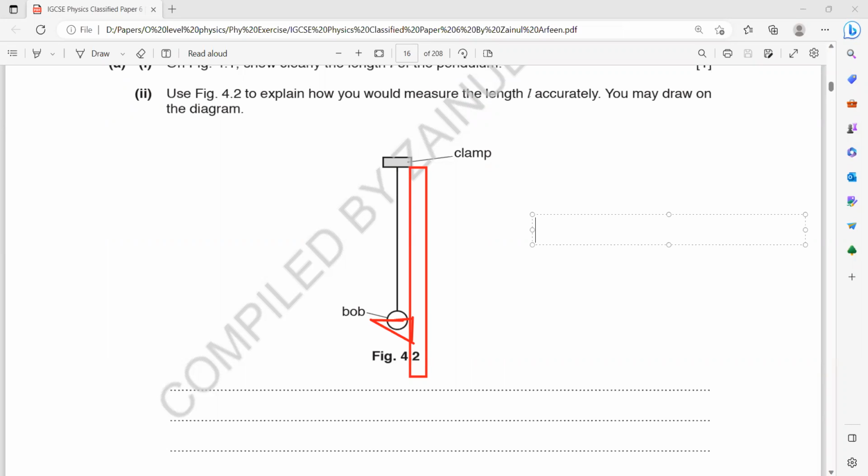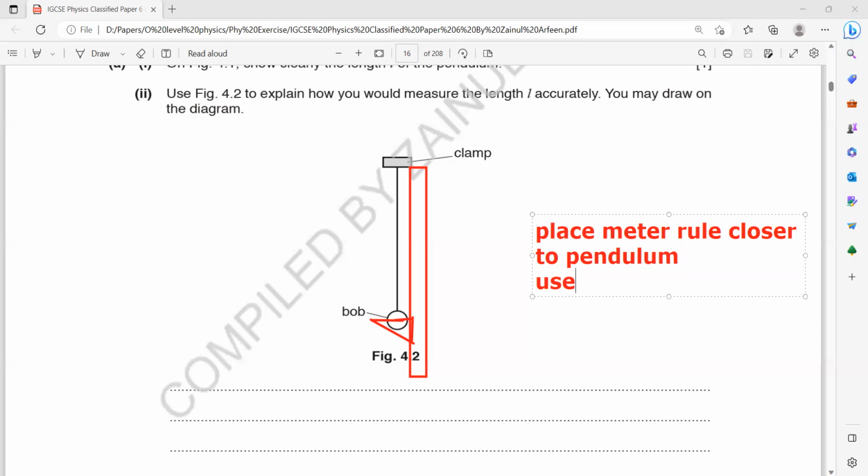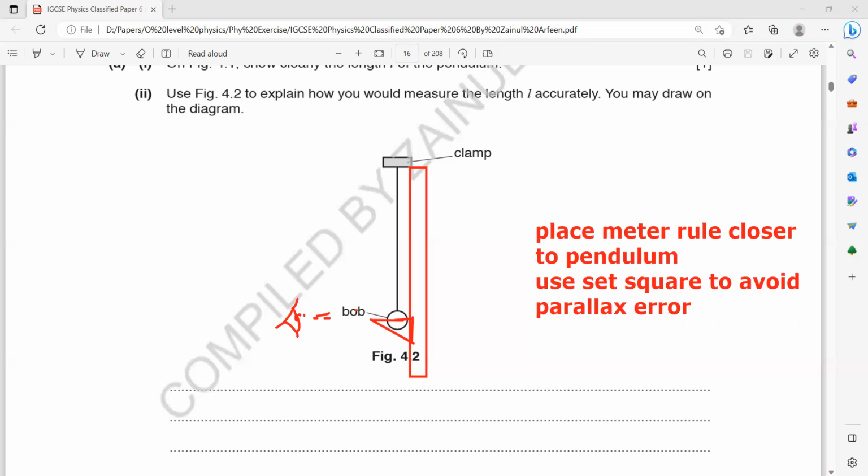So we will place a meter rule closer to the pendulum and we will use a set square to avoid parallax error. So we will look horizontally, so we can identify the exact position and measure the length. Is it clear, this one?